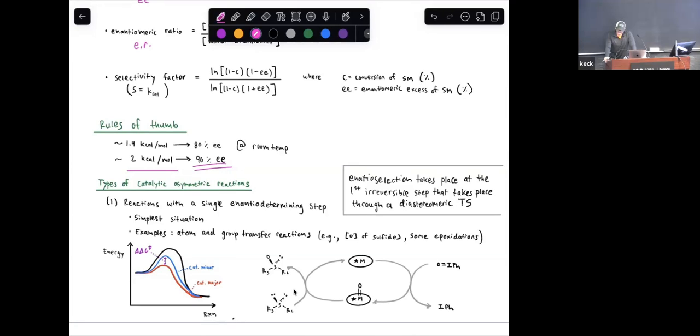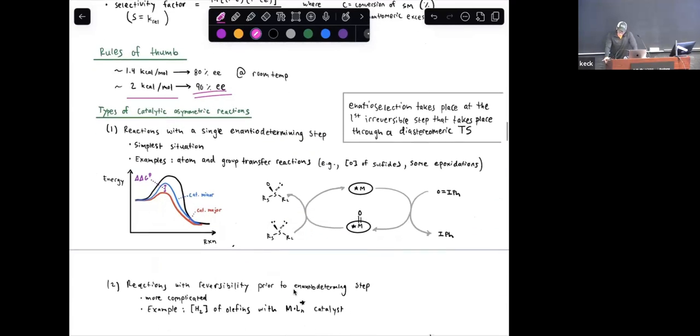And why this is kind of arbitrary is, what is the practical difference between 88% EE and 90% EE? It's like 0.1 kcal per mole. Does that really matter? Is that the difference between work being high impact or low impact? I'll leave that to you to think about.